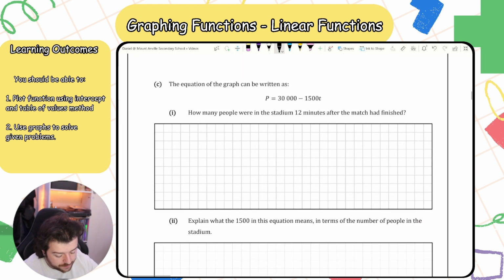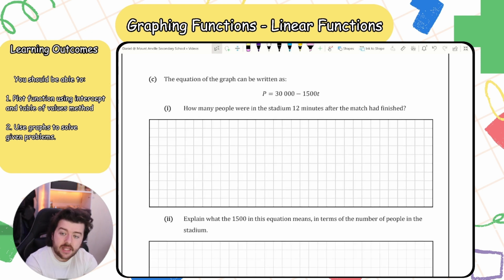Part C. The equation of the graph can be written as P equals 30,000 minus 1,500T, with P being the population within the stadium and T being minutes after the match has ended. How many people were in the stadium 12 minutes after the match had finished? So 12 minutes after the match is finished, T is going to equal 12.